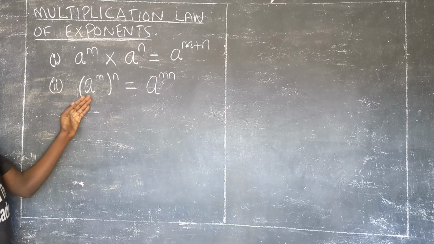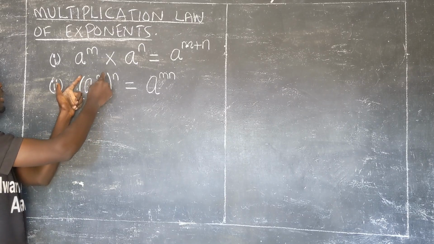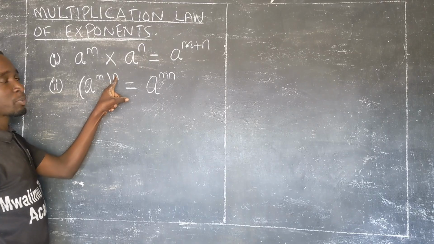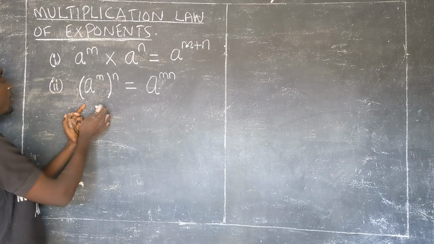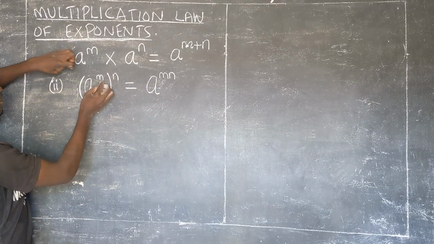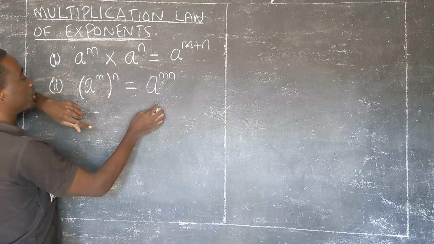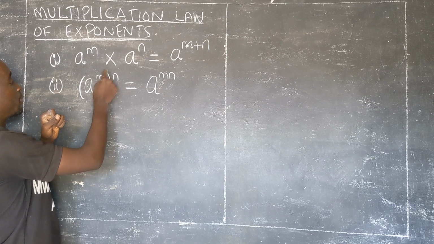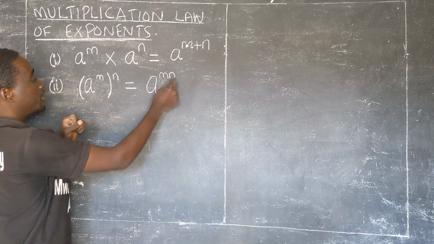This means that if you have a number in exponential form, then raised again to an exponent, you take the first number in exponential form as it is, while its first exponent is multiplied by the second exponent. Now we multiply the exponents. That's why a raised to m raised again to n is equal to a raised to m times n.